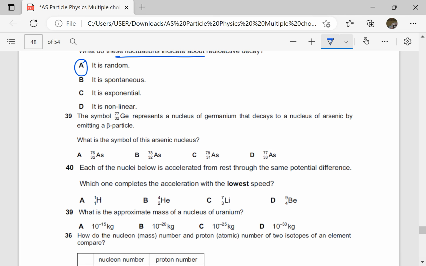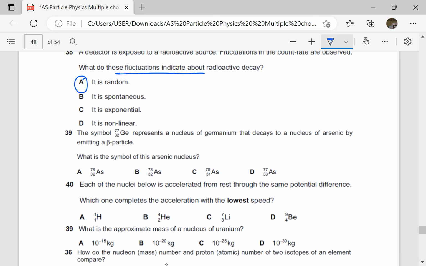The symbol Ge 77, 32 represents a nucleus of germanium that decays to a nucleus of arsenic by emitting a beta particle. What is the symbol of the arsenic nucleus? Let's just find the proton number and nucleon number first. Ge 77, 32.